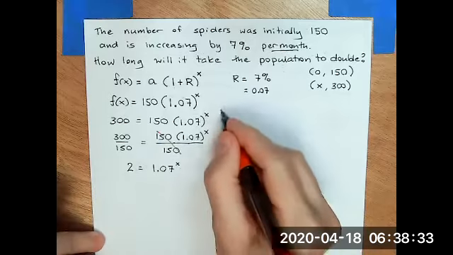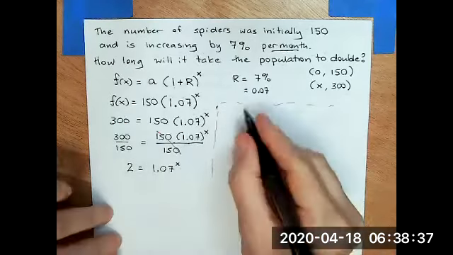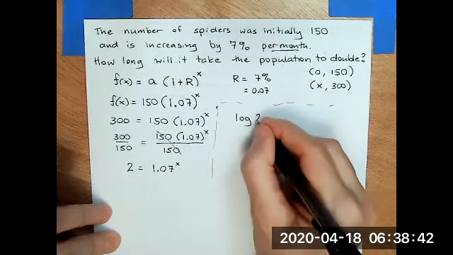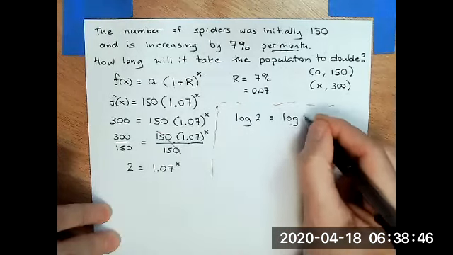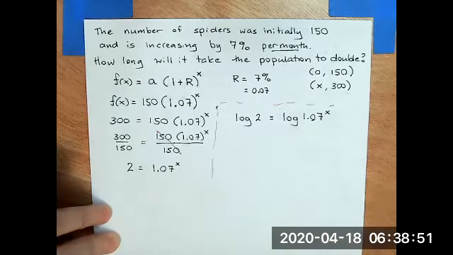And now I can take the log of both sides using any form of log that you wish. You'll get the same answer using the common log or the natural log.